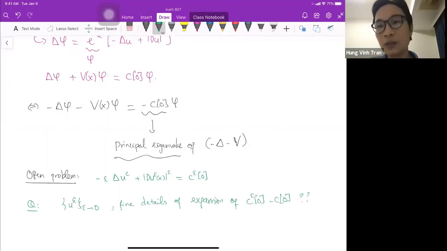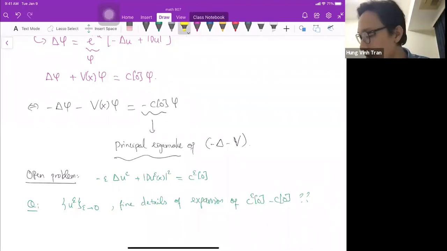So this is still a quite big open problem in the field, and this is linked to spectral theory, of course, and there are lots of people working in PDE or mathematical physics interested in this problem. For example, Barry Simon has written a lot about this problem, and they talk about what happens if you perturb V a little bit, or understanding the detailed behavior of c epsilon minus c naught.